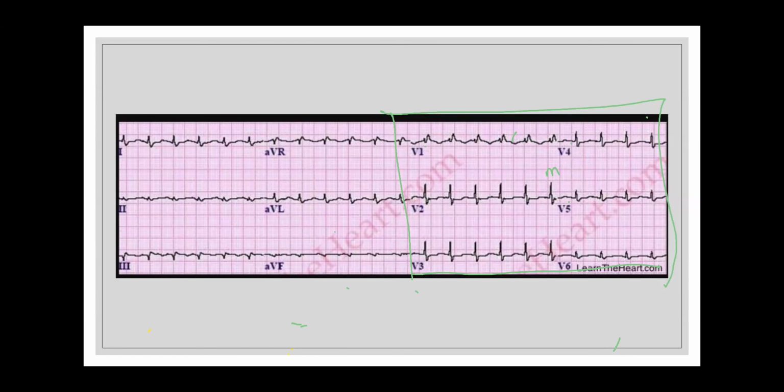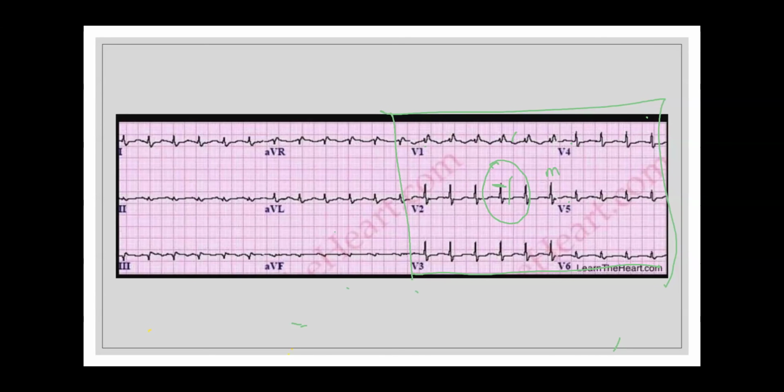For amplitude or voltage, you see the QRS complexes. The size of the QRS complex in the precordial leads should be less than 10 millimeters, meaning less than 2 large boxes. You can see it is less than these 2 boxes. That means this is low voltage.